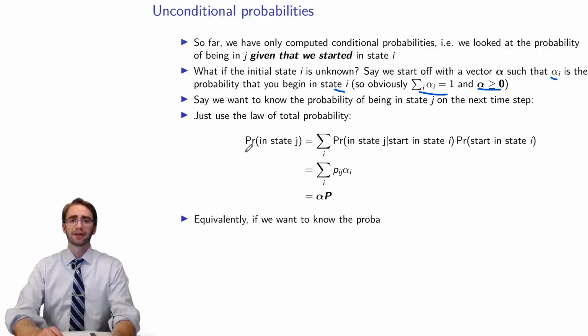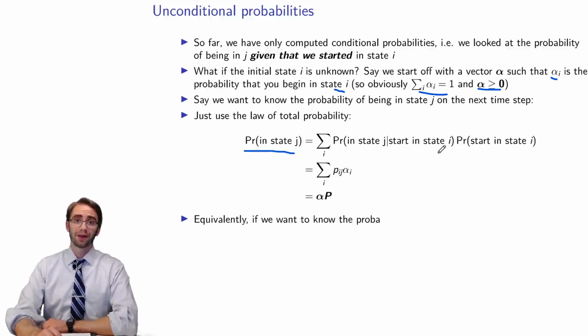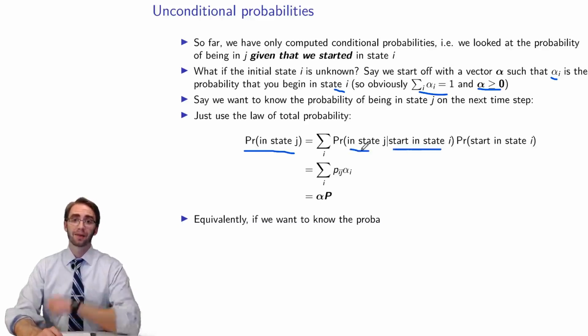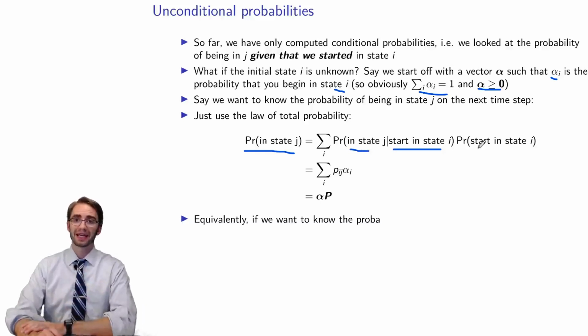Well, you'd sum over all the places you could start and apply the law of total probability. If I started in state i, it's the probability that the next step would be state j, and then multiply that by the probability that I would begin in state i.